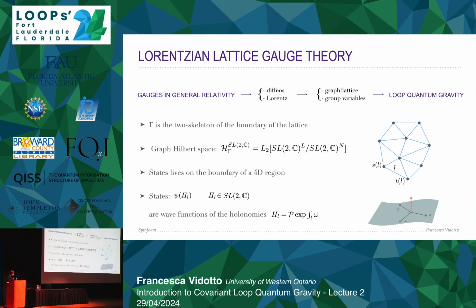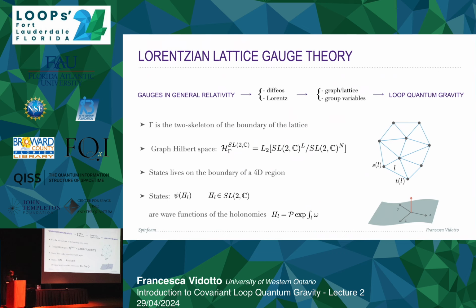And I told you that the key point here is that we want to be fully covariant. Before, I gauge fixed my theory because I picked a particular foliation, and then I was describing states living in this space.